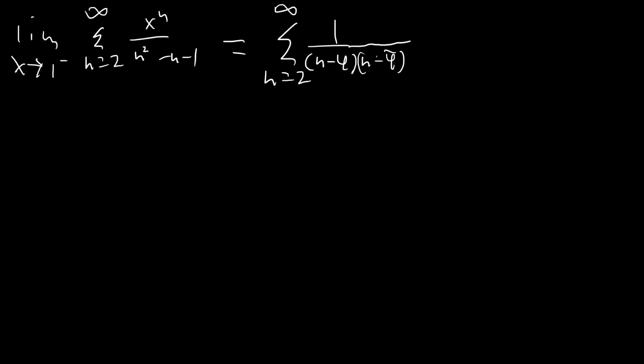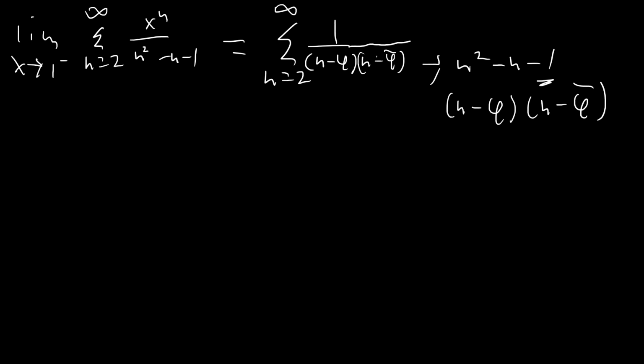Now one thing I want to do is solve for phi bar right here. We know that when we expand this, we're going to get n squared minus n minus 1. This is equal to n minus phi times n minus phi bar. And if we isolate the -1 term, you can see that phi times phi bar is equal to -1, because that's the only term that doesn't include any n.